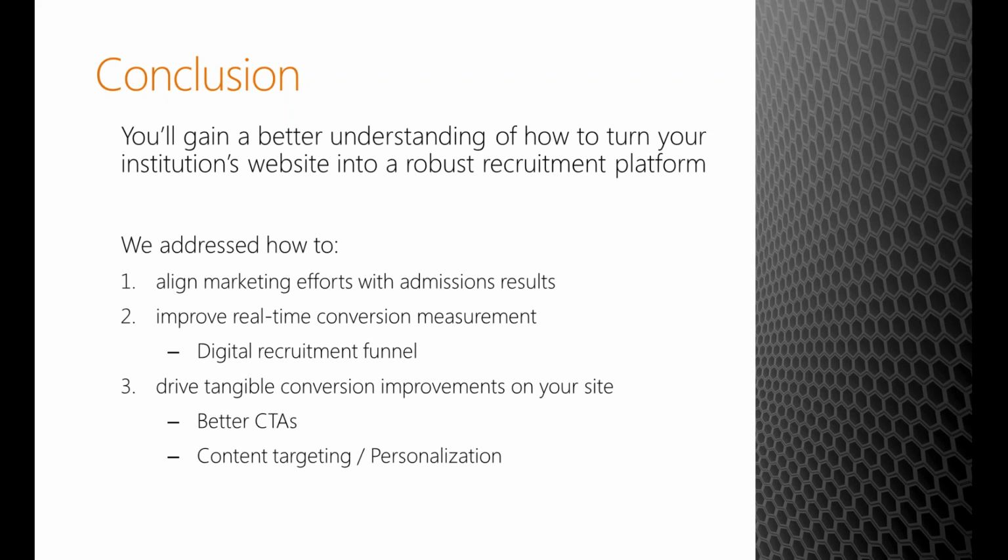Those little quick adjustments, like improving your calls to action, for example if your call to action button is not the same color as the rest of your website, or using some basic content targeting, can really improve things. It's a good way to do some quick experiments, and from there you can do some very smart things.